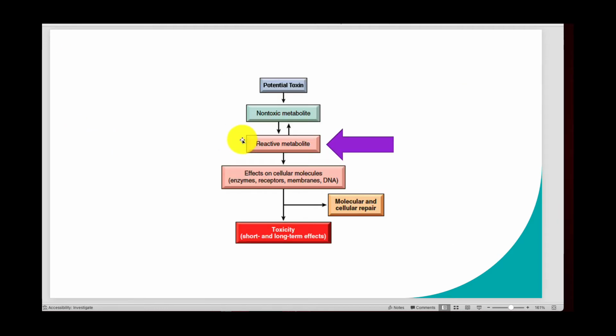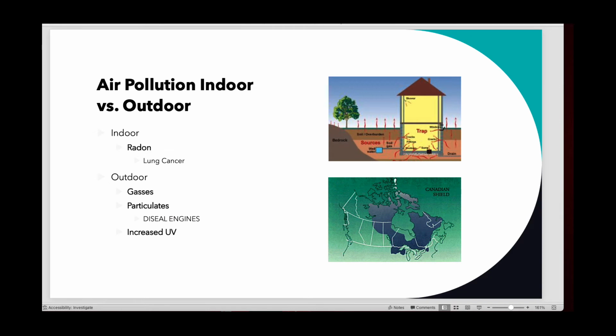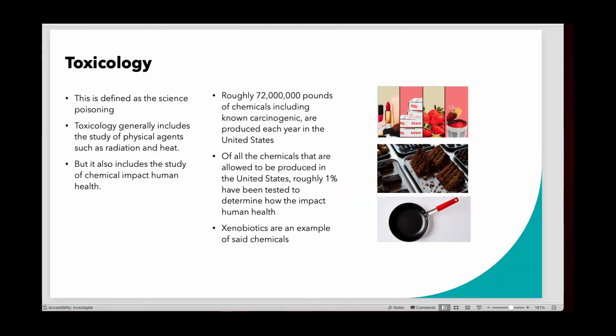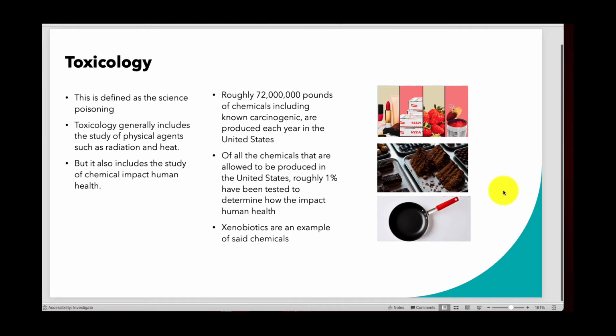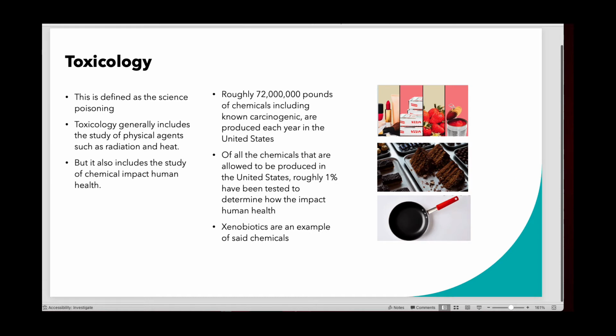Sorry, I've been talking all day today. They create these reactive metabolites, and then these things disrupt everything within the cell. And again, if they disrupt the cell, they disrupt the tissue. If they disrupt the tissue, then we're going to have systemic issues as a result of that. So that was a very interesting statistic that I found while I was doing research on this particular lecture.